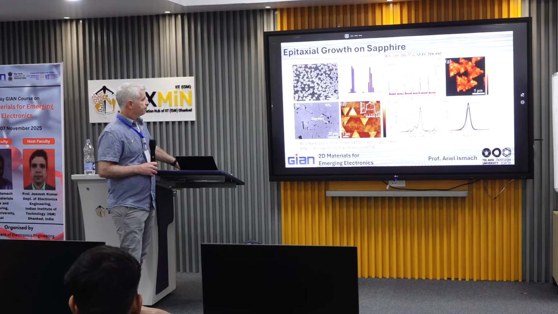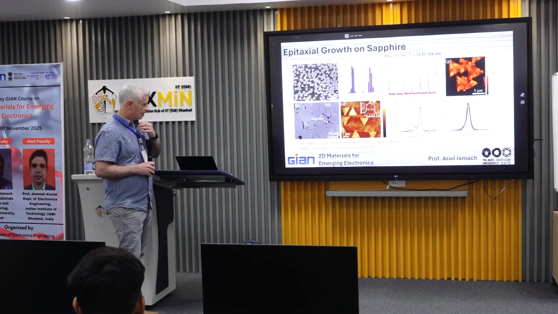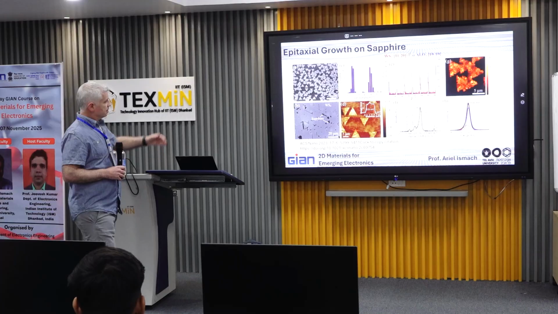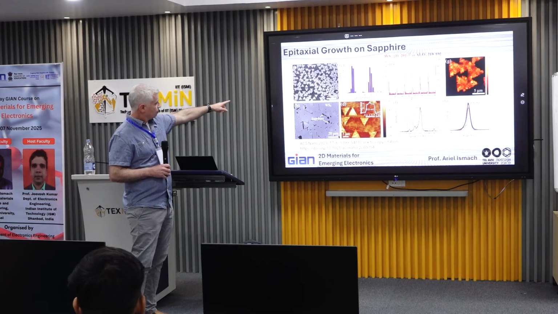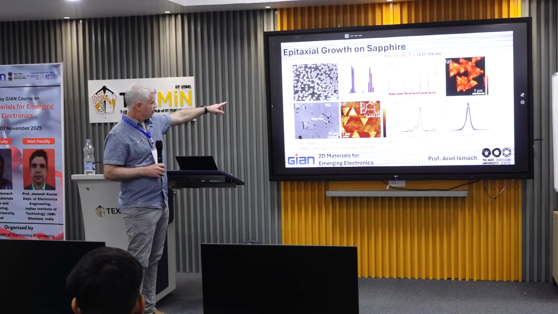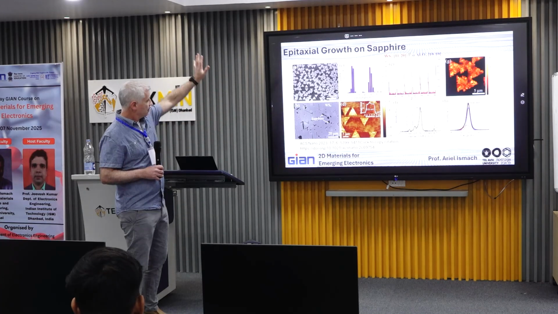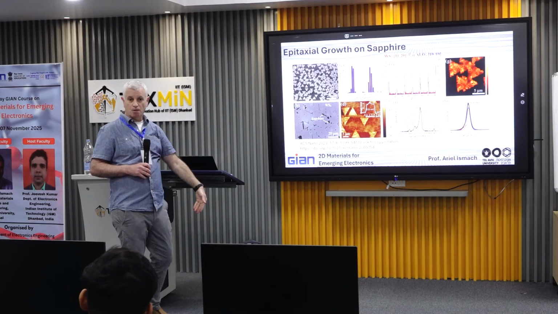And this is the kind of results that were obtained by several groups, including mine, where you can see that the triangular domains, in this case tungsten disulfide, are all aligned, but some of them are aligned up and some of them down.